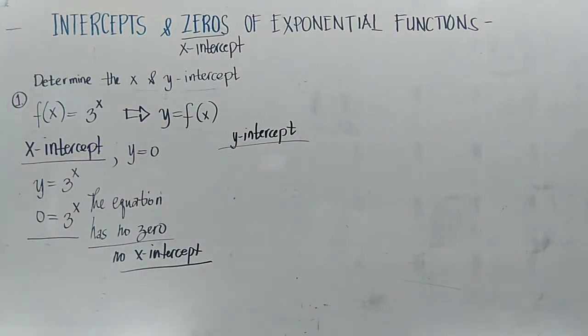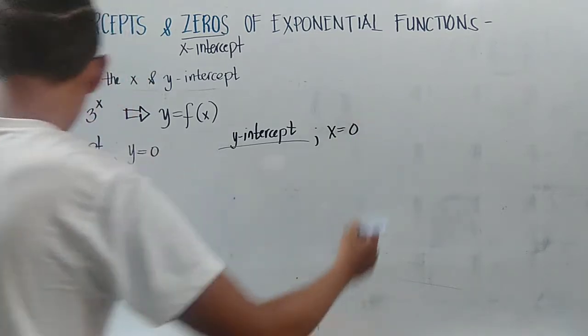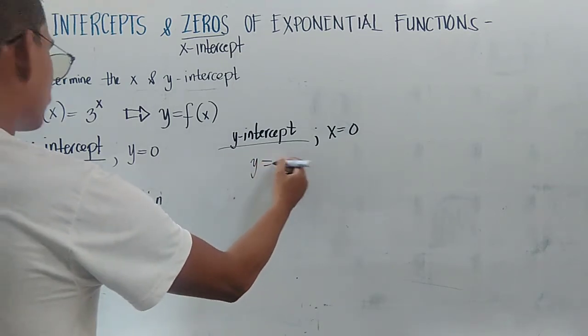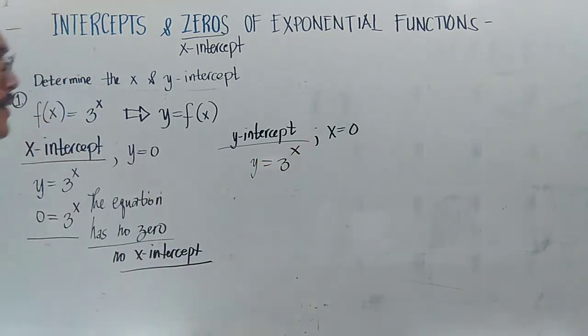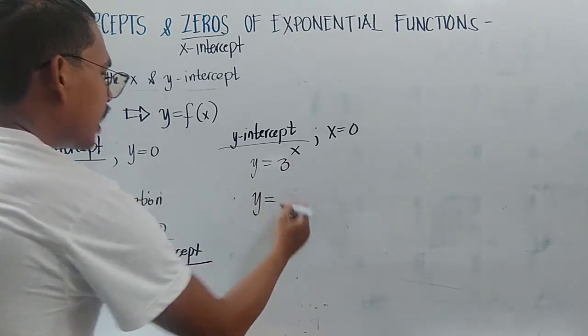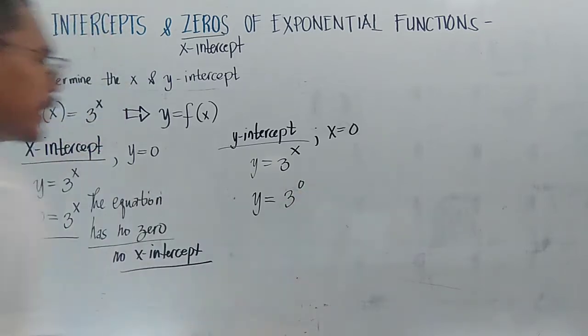Okay, for your y-intercept, we have x equal to 0. So we have y equals 3 raised to x. Let us substitute x to 0. So we have 3 raised to 0.